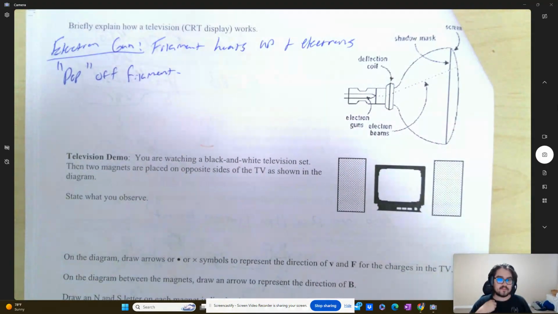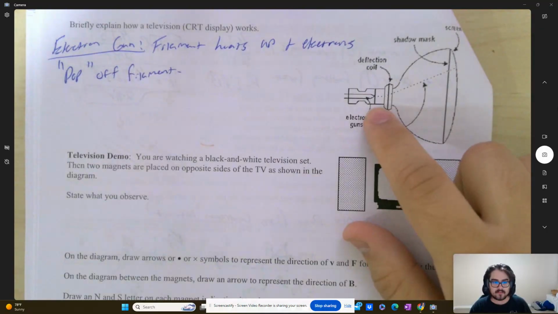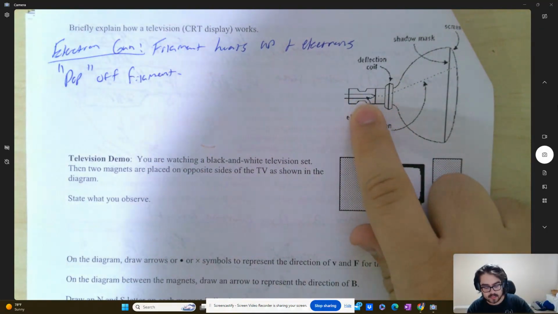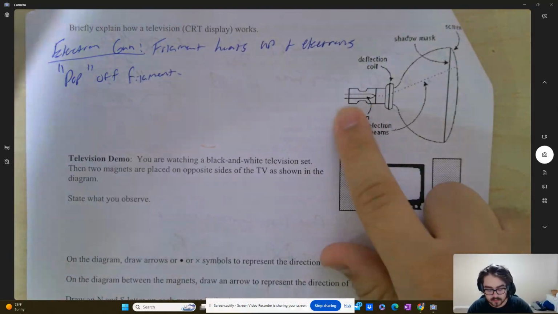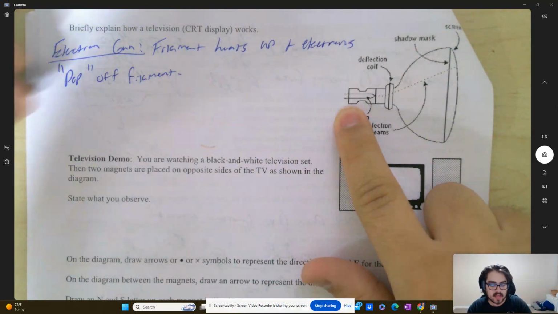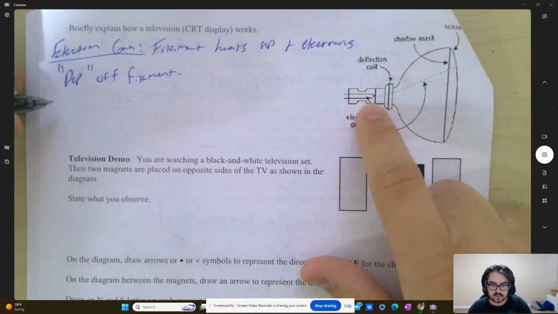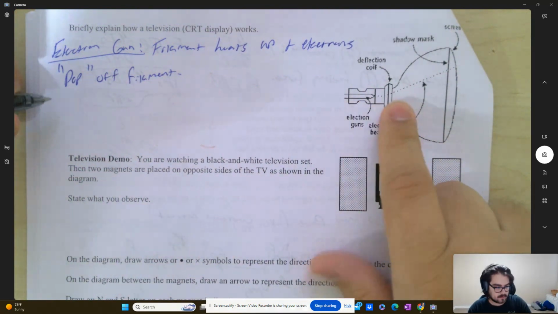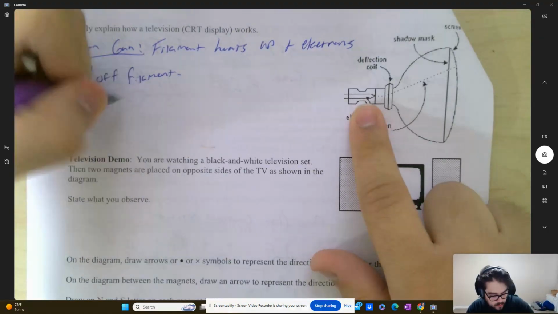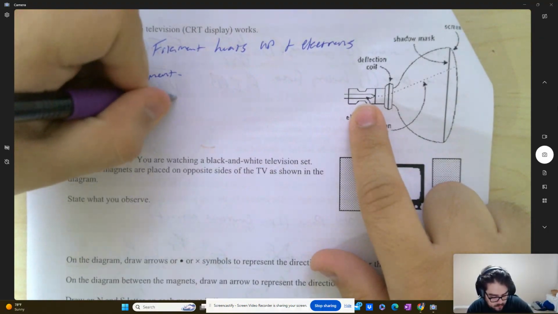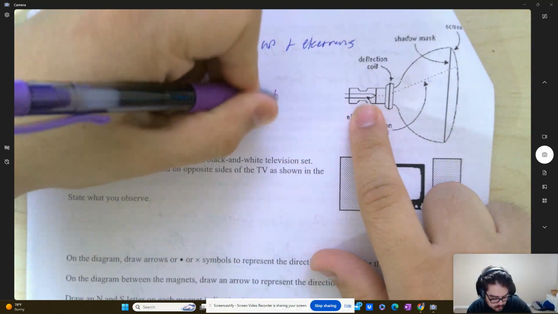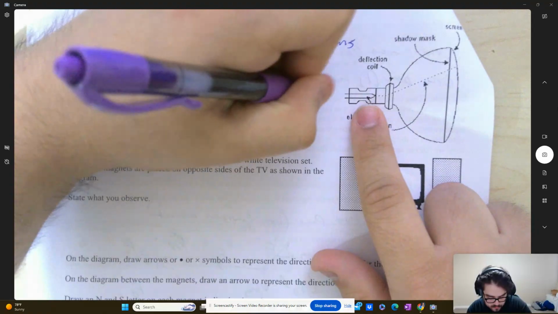Then there's a potential difference. When the filament heats up and the electrons pop off of it, there's a potential difference in there that's going to then shoot them. So then electrons are accelerated through a potential difference.